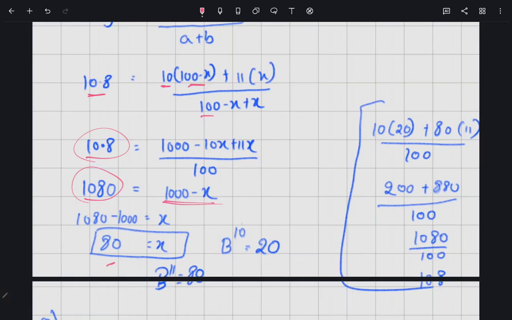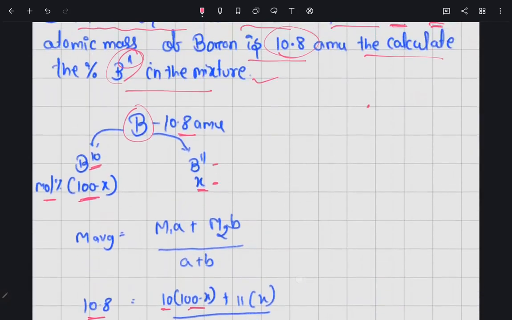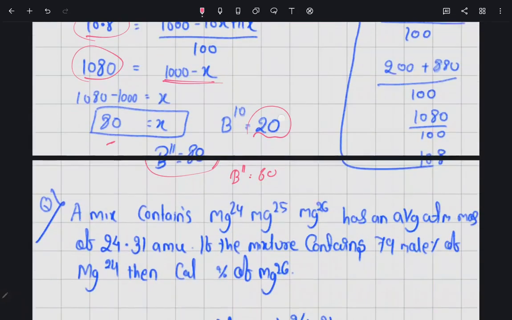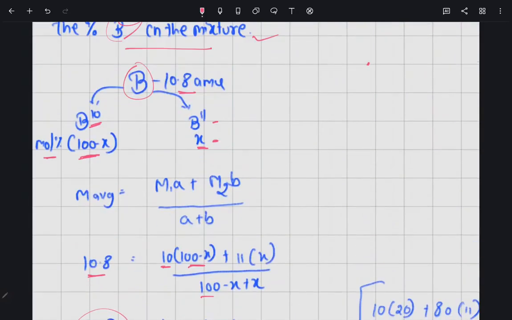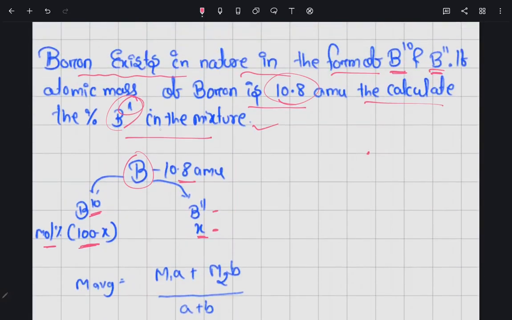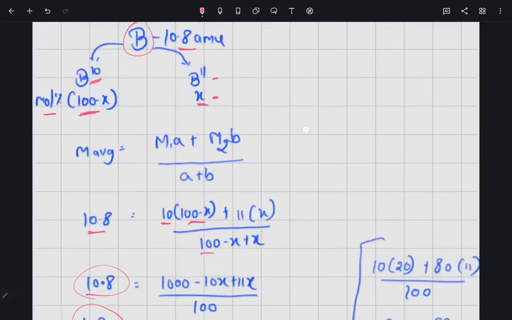So B10 has 20% abundance, whereas B11 has 80%, because we have taken B11 as X and we got 80. So the percentage of B11 is 80%. This is one such easy question.